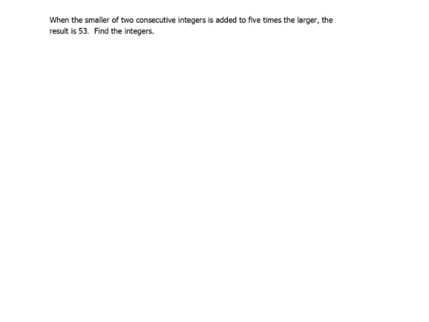Well, okay, since this is a consecutive integer problem, we're going to do the exact same thing we have done. Our first objective always is to figure out what they're asking us to do. And in this problem, our question here is find the integers. So when we're done, we're going to be giving them an answer that sounds something like, well, the first integer is, the second integer is.